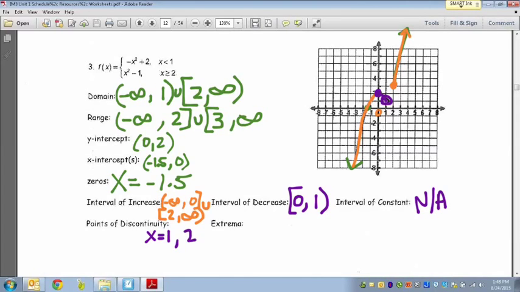And then lastly, extrema, meaning the points of which there's a relative minimum or maximum. Extrema is the plural of minimum maximum. So rather than saying find the minimum and maximum, we just say find the extrema. And so for the extrema, we need to find a place where the graph goes from increasing to decreasing or from decreasing to increasing.